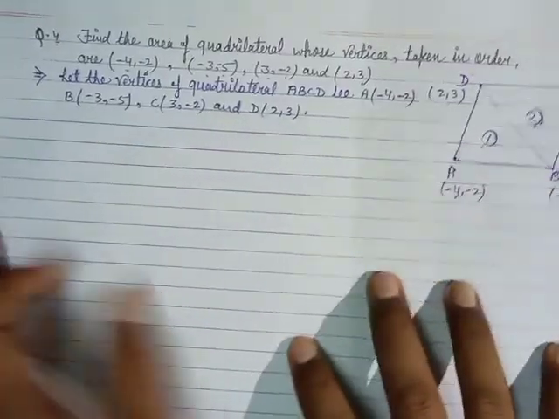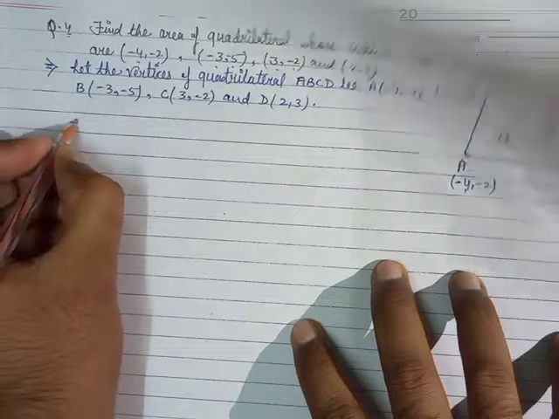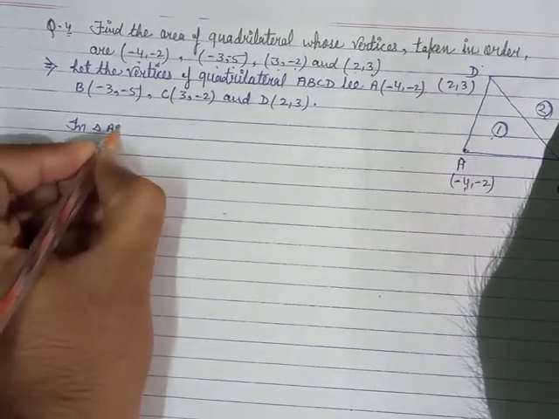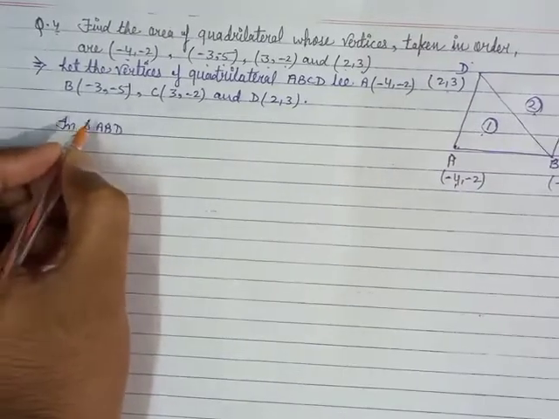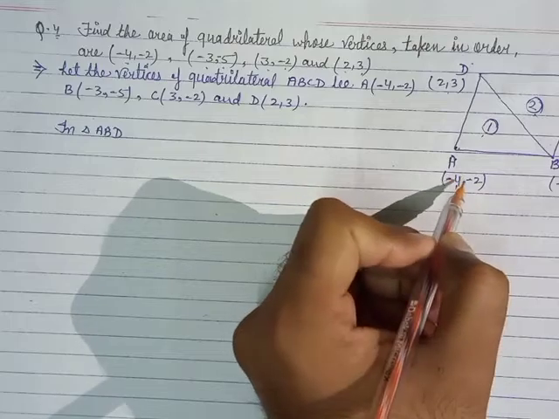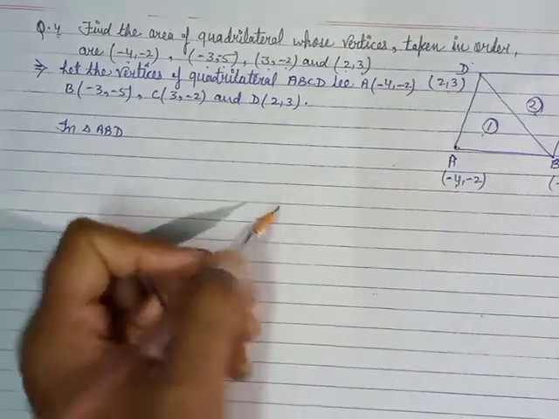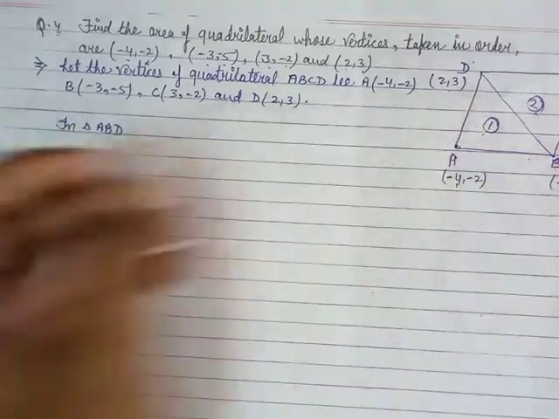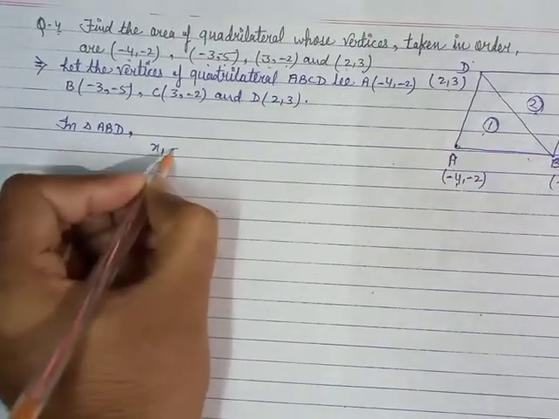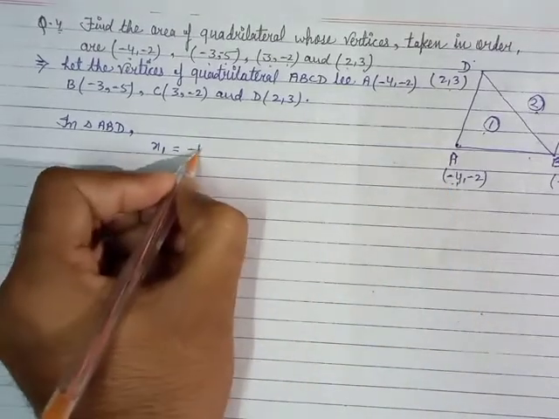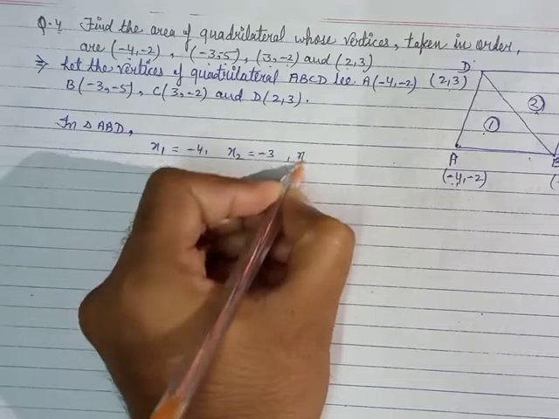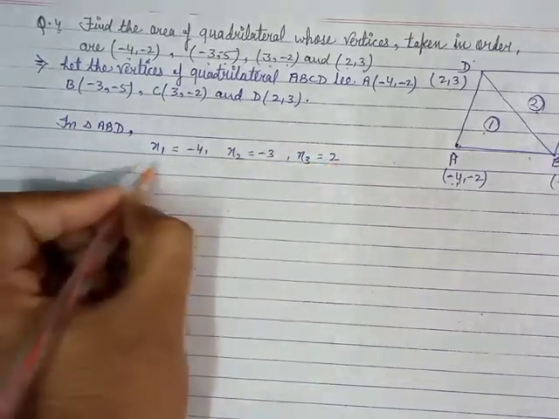Okay, you can see here in triangle ABD, first of all we will decide the values of x1, x2, x3, and y1, y2, y3. In triangle ABD, we will take x1 value -4, x2 will be -3, and x3 will be 2 here.